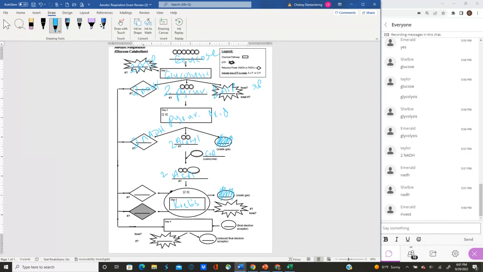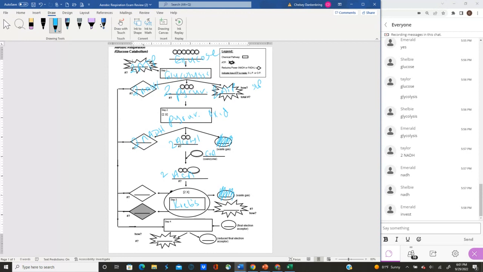Now remember, only 1 acetyl-CoA can go into the Krebs cycle at a time, okay? So when 1 acetyl-CoA goes in, we get 1 ATP, 1 FADH2, and 3 NADH. But notice on this graph, it says 2 times because we have 2 acetyl-CoAs. So the first one goes in, makes a bunch of energy, then the second one goes in, makes even more energy.